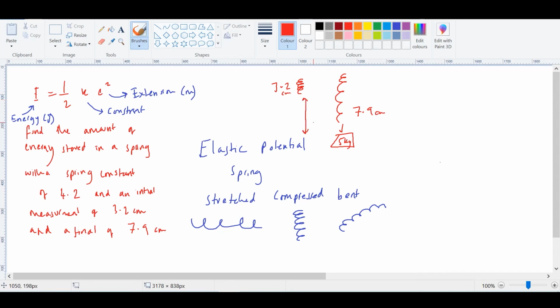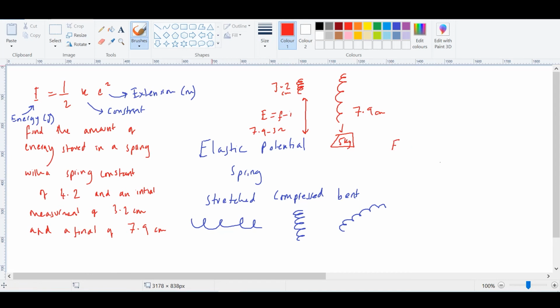How do we work out the extension? You do the final minus the initial. So the final is 7.9, take away 3.2, and the answer is 4.7.